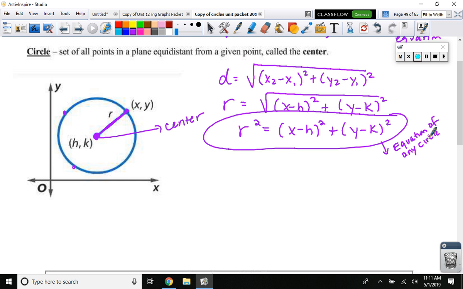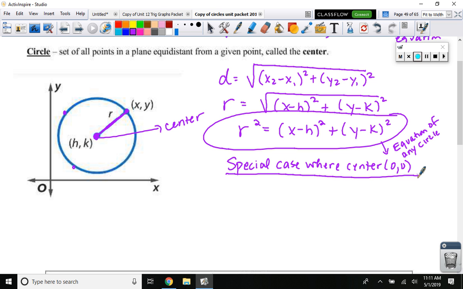All right, let's say my circle is a special case where the center is 0, 0. How does that adjust this equation? What's it going to look like? Yep, Abby. It would be, d equals square root of (x minus 0) squared plus (y minus 0) squared.